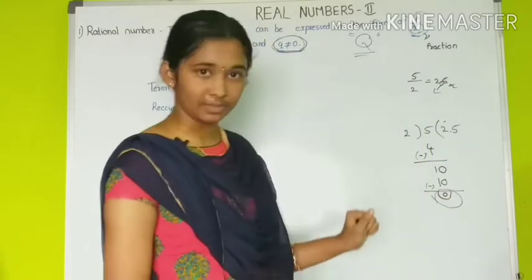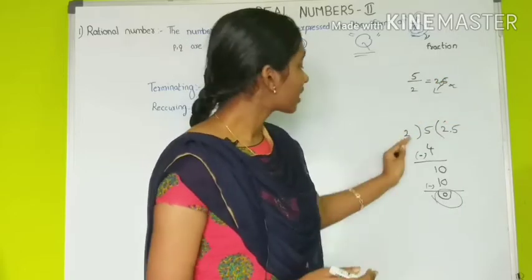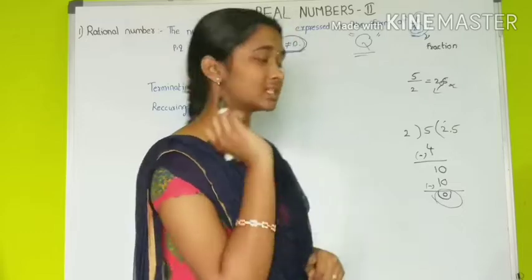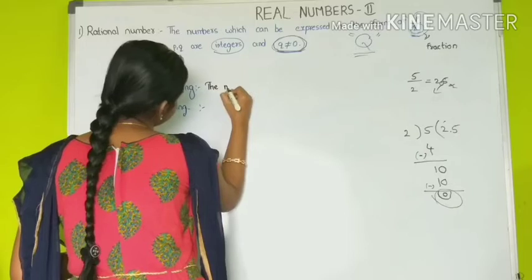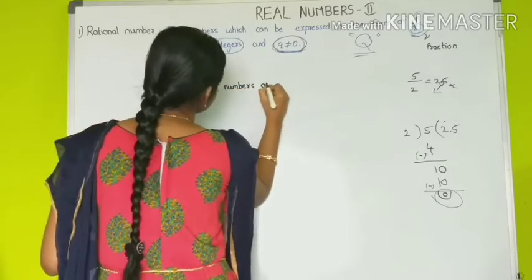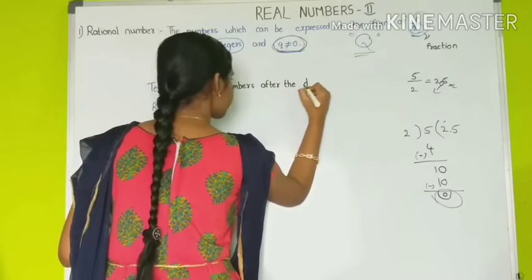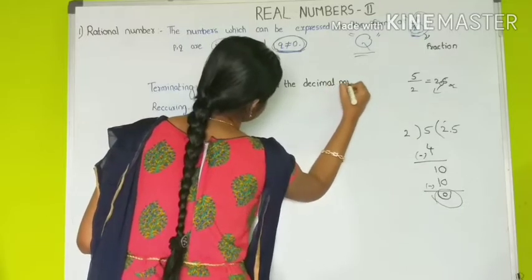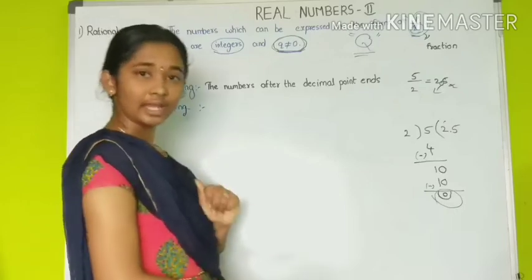So decimals where the numbers after the decimal point end and the division does not continue, because the remainder becomes 0, are called terminating decimals.